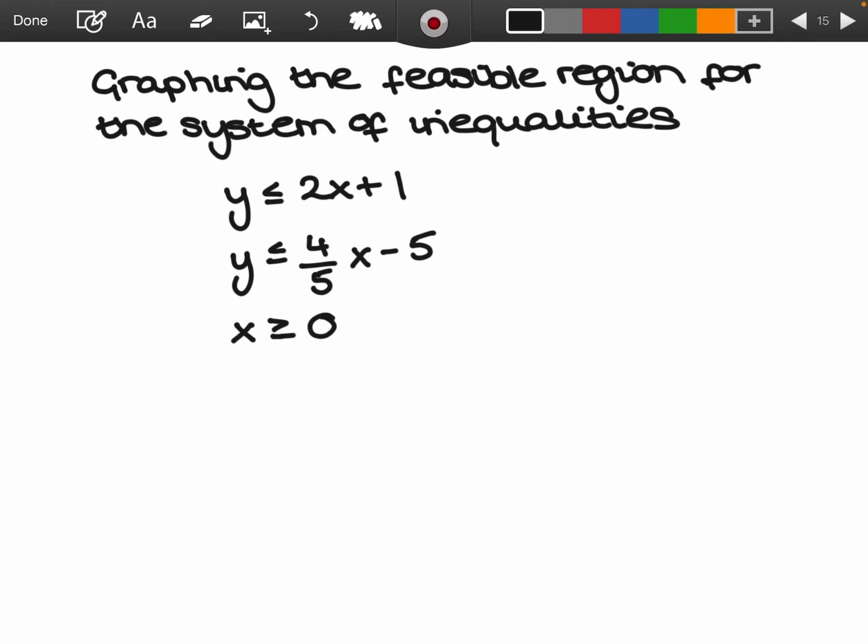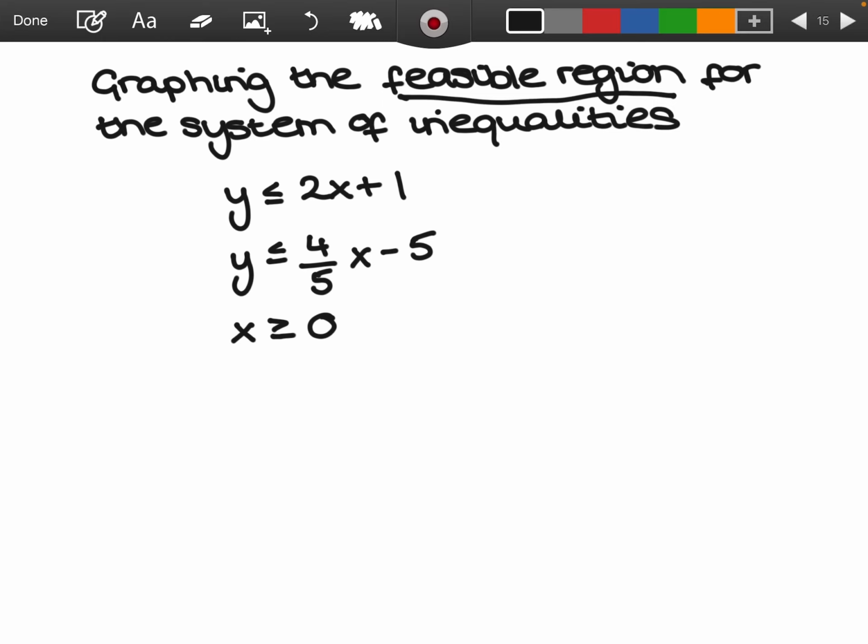The feasible region is the region that satisfies all of the inequalities at the same time. So whenever you see feasible region, most of the time you're going to be graphing multiple inequalities. It is just the region that satisfies whatever inequalities you have in your system.